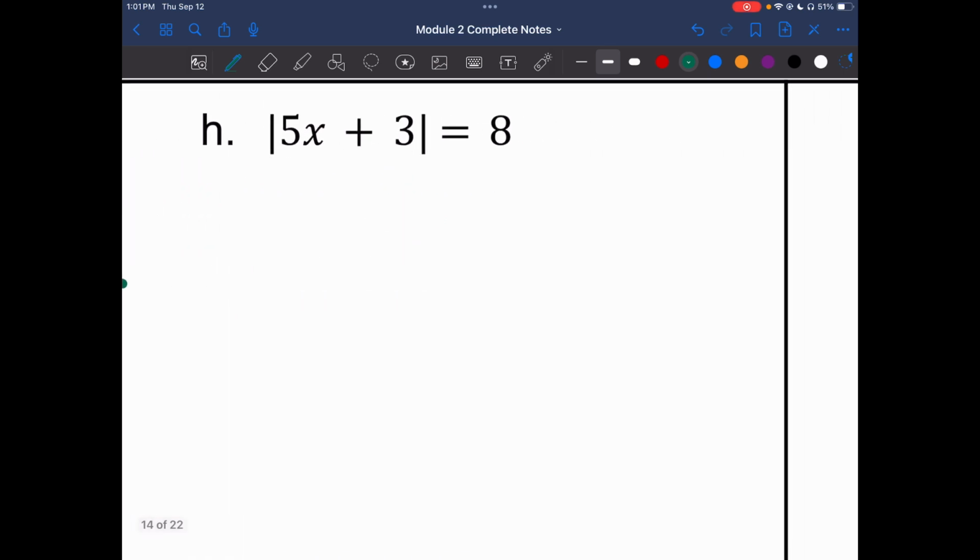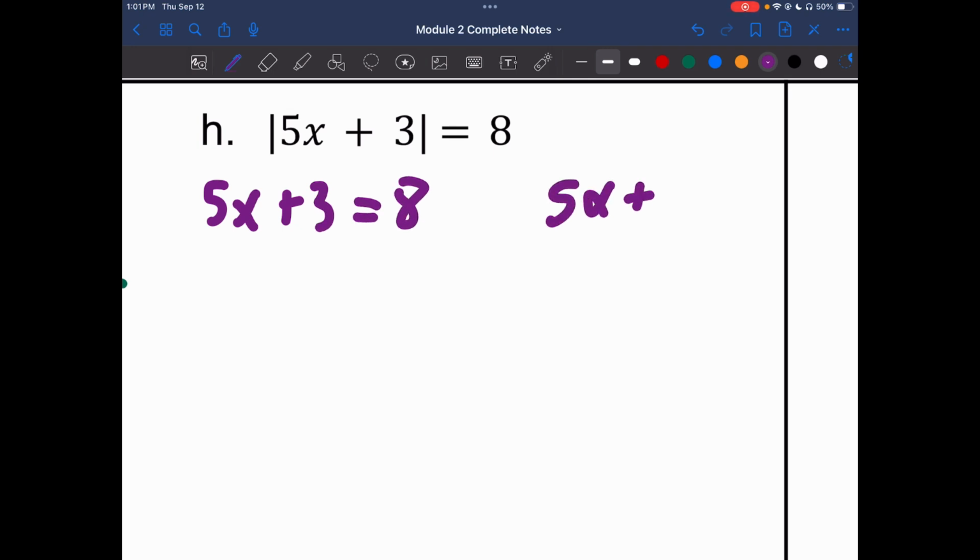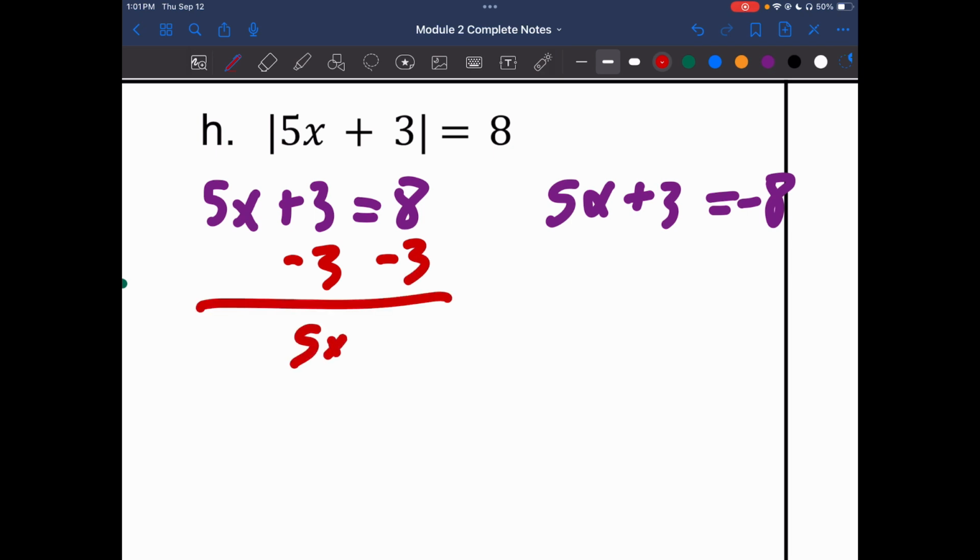Our middle problem, letter H, again, our absolute value is already isolated, so we split it into 5x plus 3 is equal to 8, and 5x plus 3 equals -8. Our first step, subtract 3 from both sides. 5x equals 5.